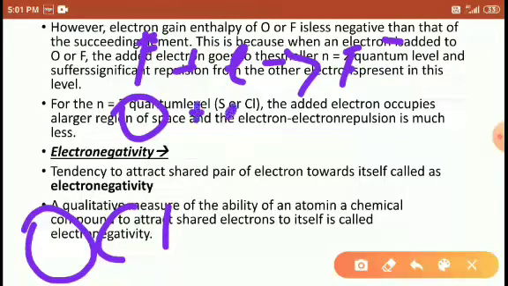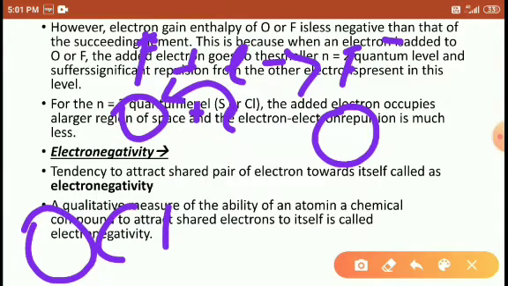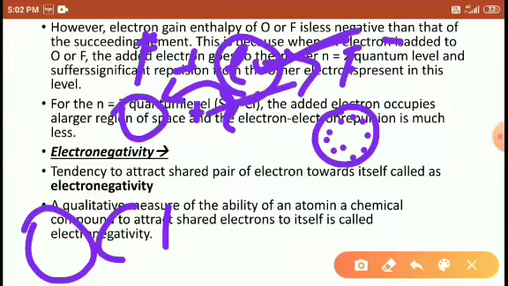So when an electron is added to this fluorine atom, it turns into fluoride, and the previous electrons cause repulsion to the newly added electron, right? Fluorine has 9 electrons present, and those 9 electrons cause repulsion to the new electron.